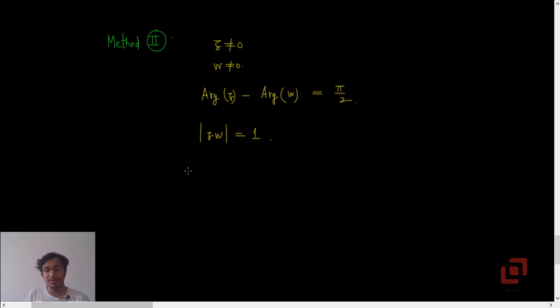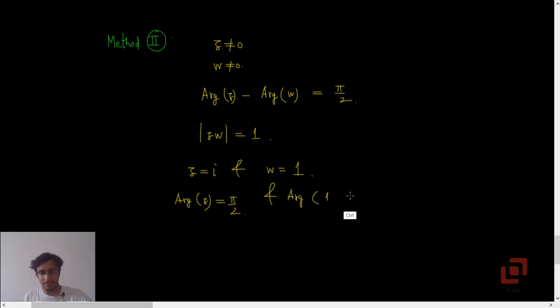So what now I am going to do is I am going to let Z be I and W be 1. Both are complex numbers. Now more importantly, argument of Z is pi by 2, because this is a number which lies on the positive imaginary axis, and argument of 1 is 0, or argument of W, let me say W. So these two complex numbers satisfy the first property, argument of Z minus argument of W equal to pi by 2, because the difference between these two numbers is pi by 2.